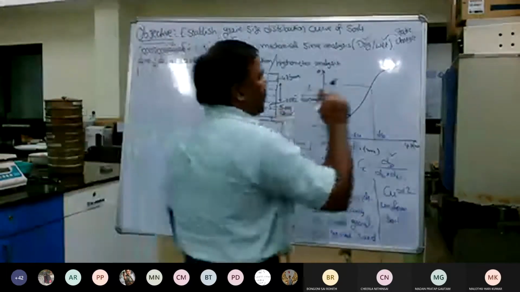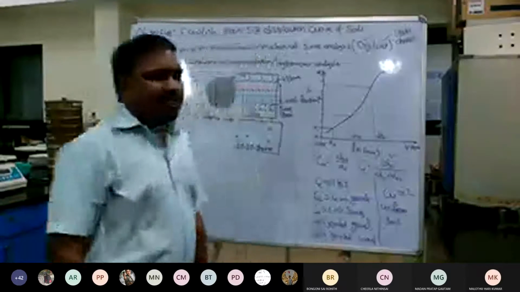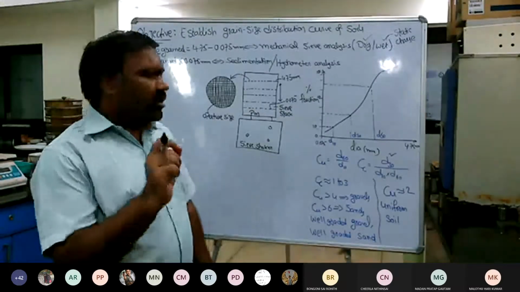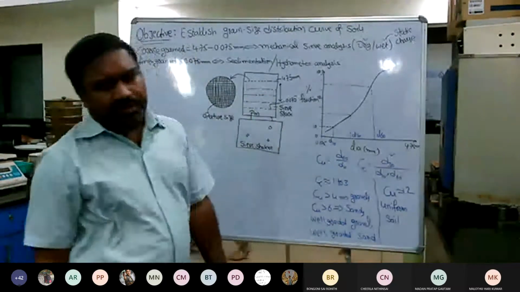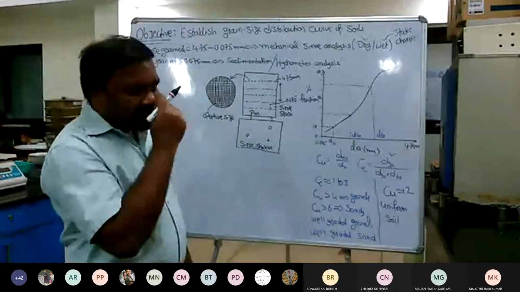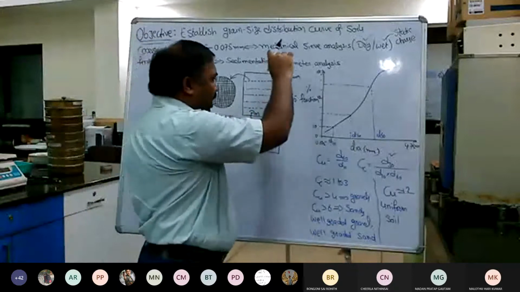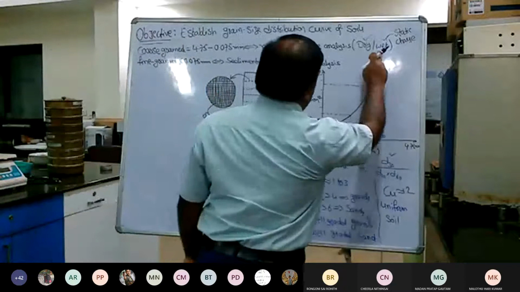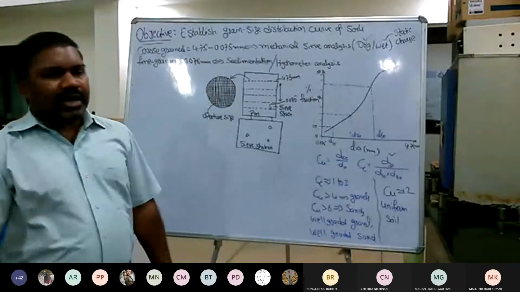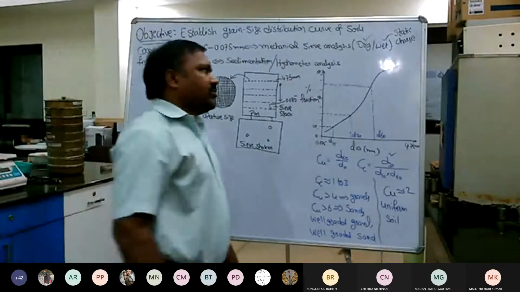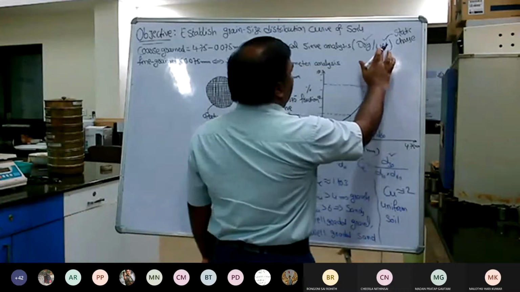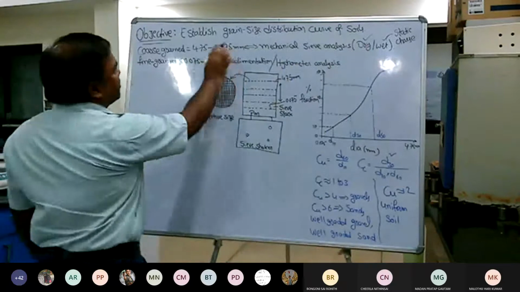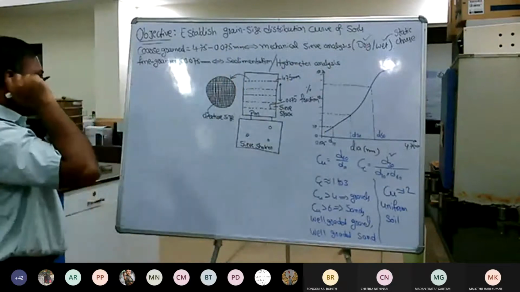Therefore, in order to remove this static charge, we do wet sieve analysis, where the soil sample is poured inside the sieve, but a water jet is used to clean the material or to allow the particles to pass through the sieve. That's the beauty of the wet sieve analysis. Between dry and wet sieve analysis, it is always believed that the wet sieve analysis is more accurate than the dry sieve analysis. Okay, so your objective is to establish the grain size distribution.